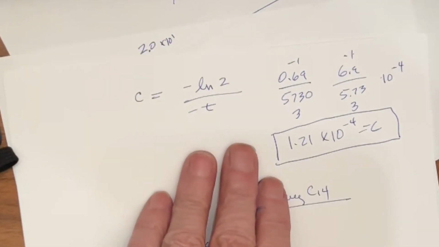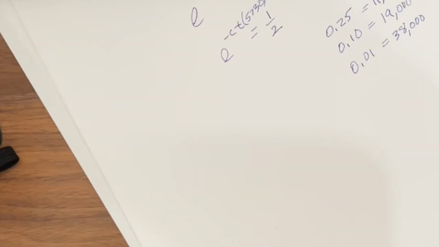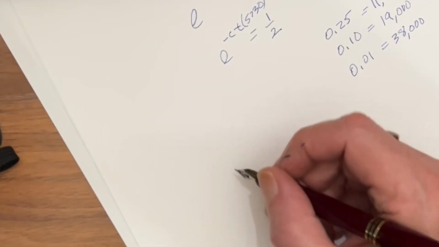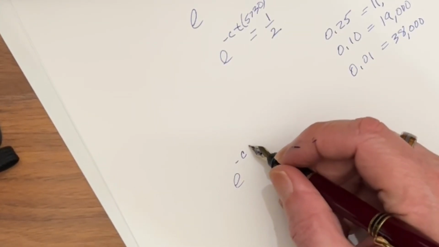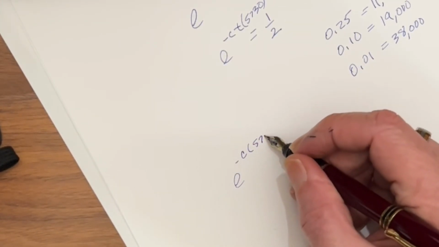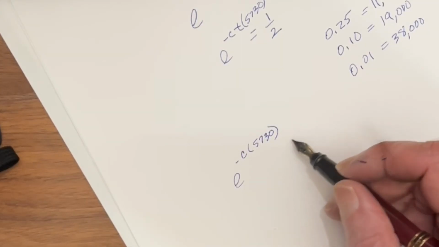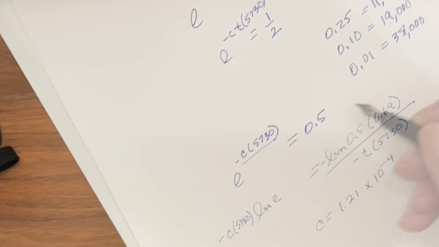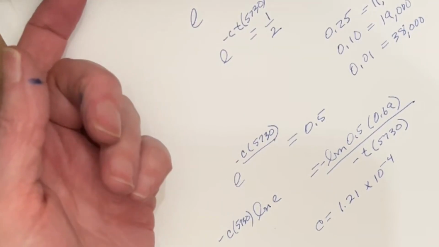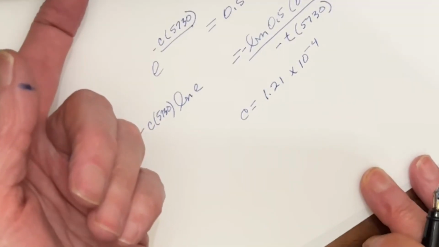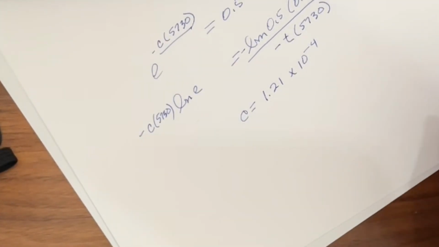What about this big equation up here? Let's go through the equation real quick and see where this came from. So e to the minus C, and then we put in 5,730 years, equals 0.5. I did the math last time. You can do it again now if you wish. If not, you can take my word for it. Trust me, bro, math.